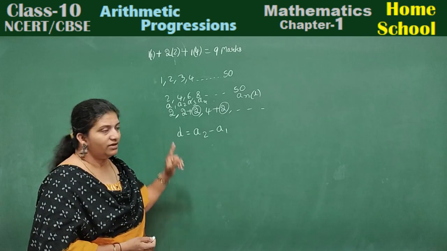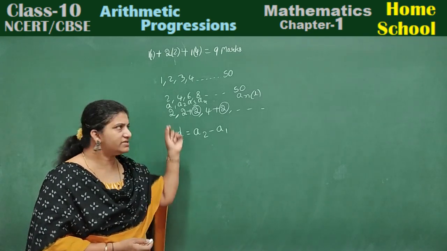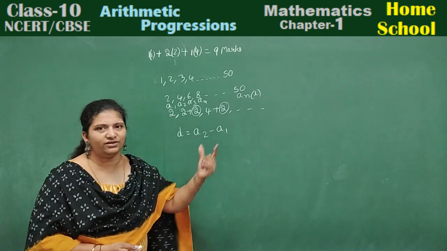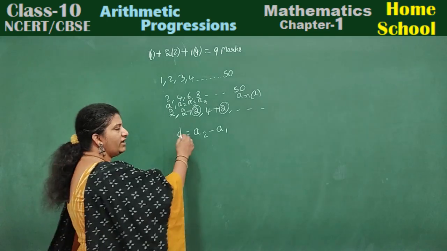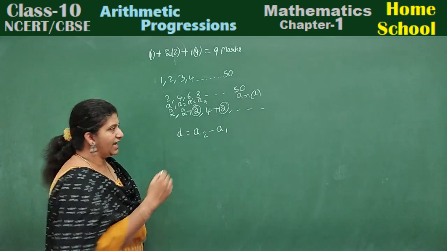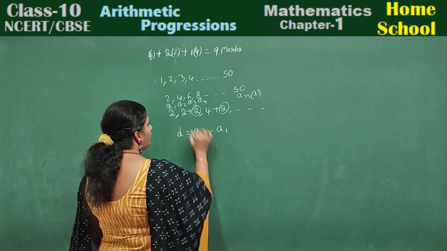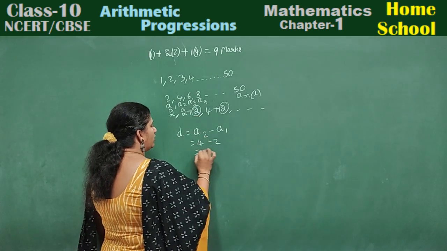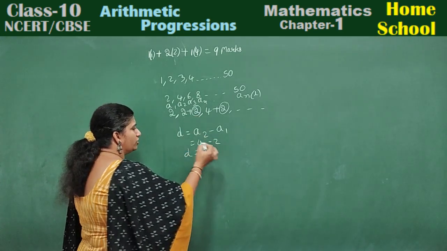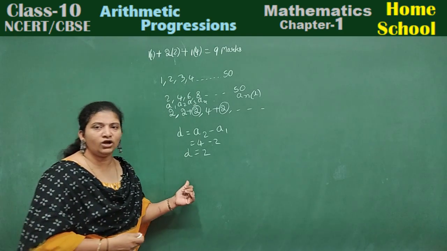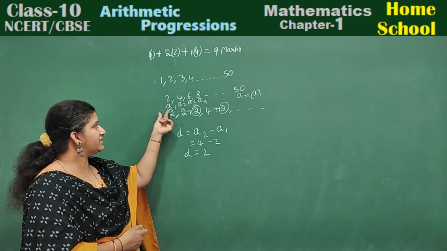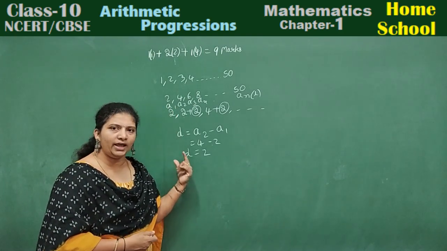Means the common difference is fixed in every difference of terms. Common difference a2 minus a1 is 4 minus 2, which is equal to 2. d is equal to 2. d is nothing but the common difference. The first term is represented by either a1 or a.